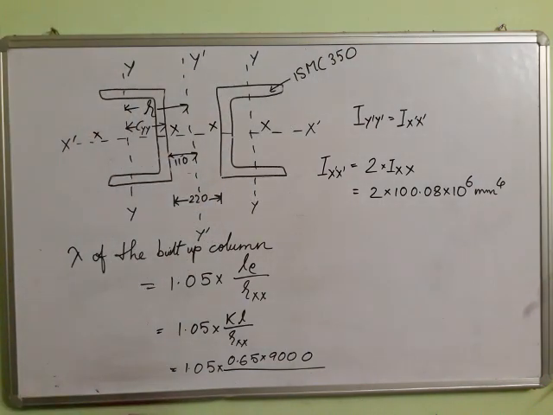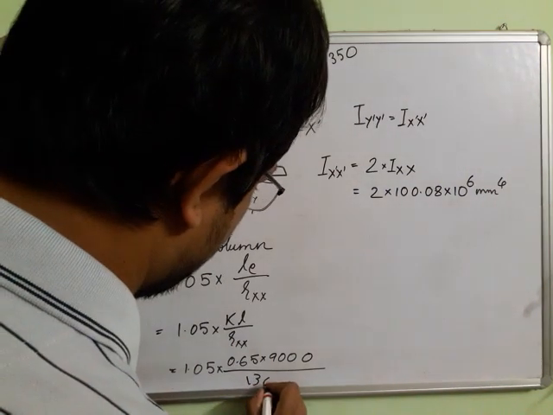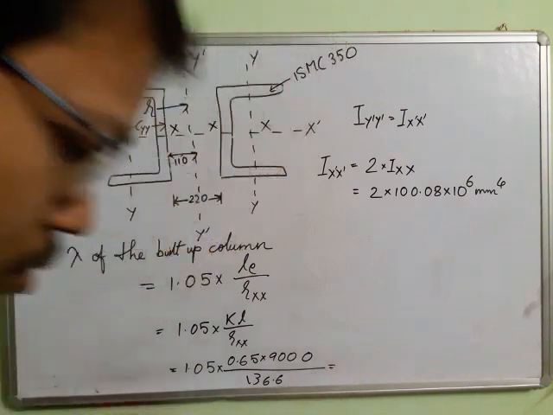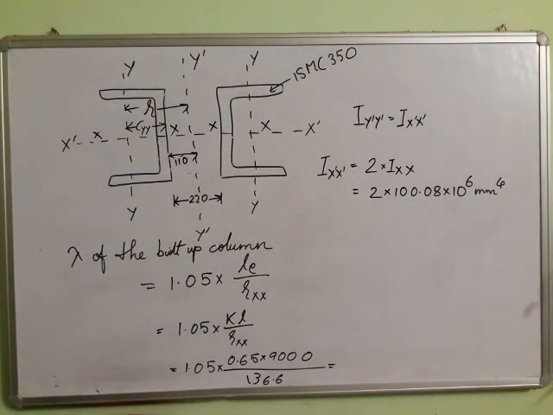What is RXX? You'll get it in the steel table. So ultimately, how much is the slenderness ratio? You'll get it around 42.8.